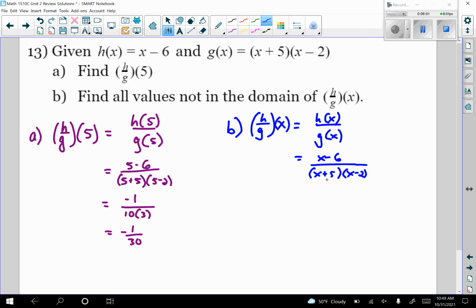So again, we're looking at our denominators, and we just say x cannot equal a negative 5 or a positive 2. So negative 5 and 2 are not in the domain of h over g of x.